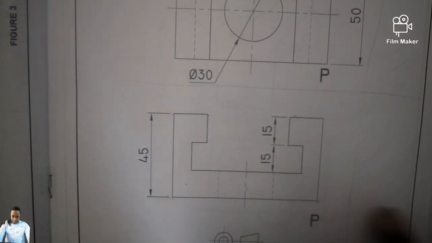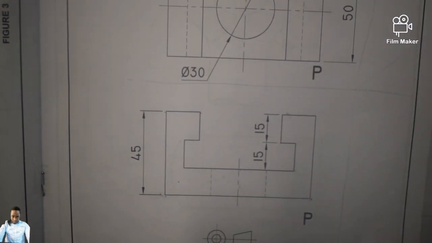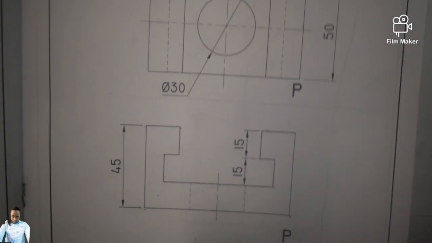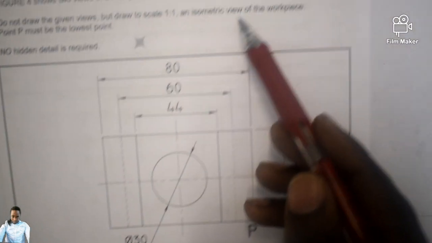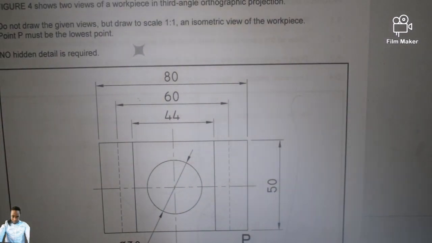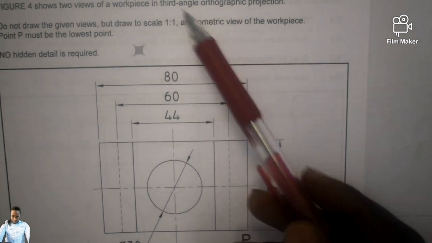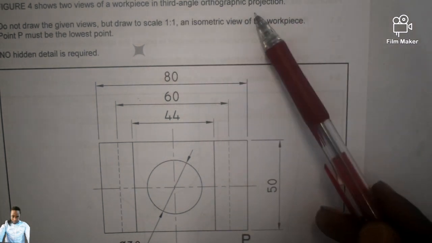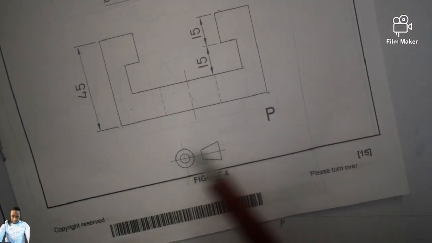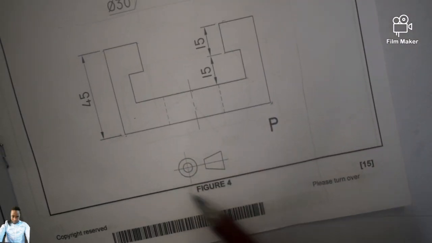The point that I can also emphasize here is about the question being in third angle orthographic projection. It is very important, because you might find that they are saying those views are given in third angle orthographic projection. Yes, we confirm that with the projection symbol.